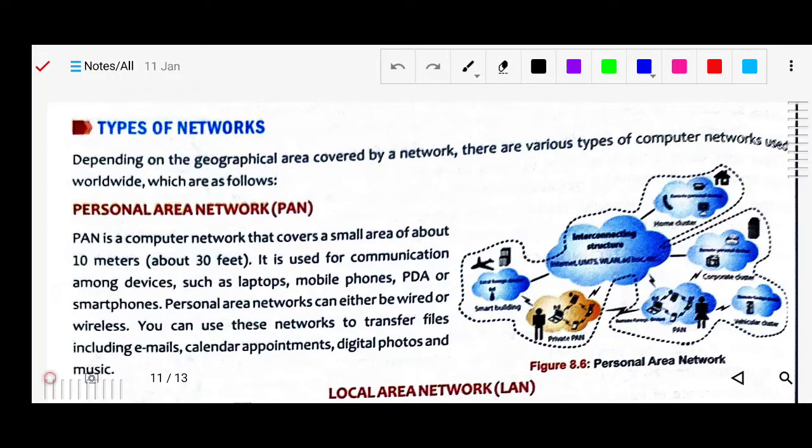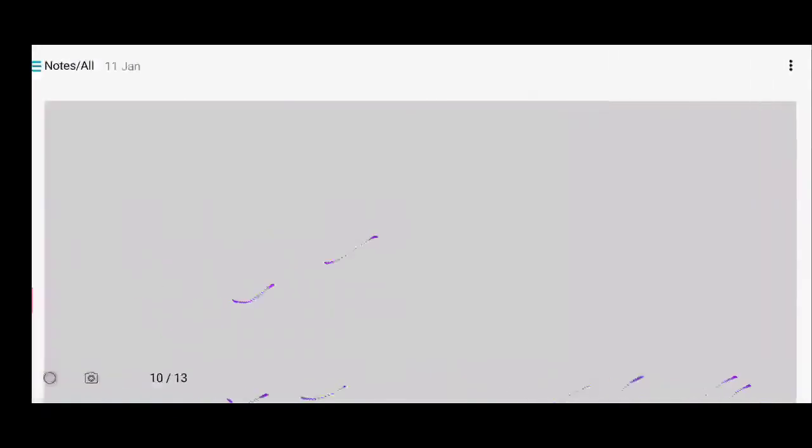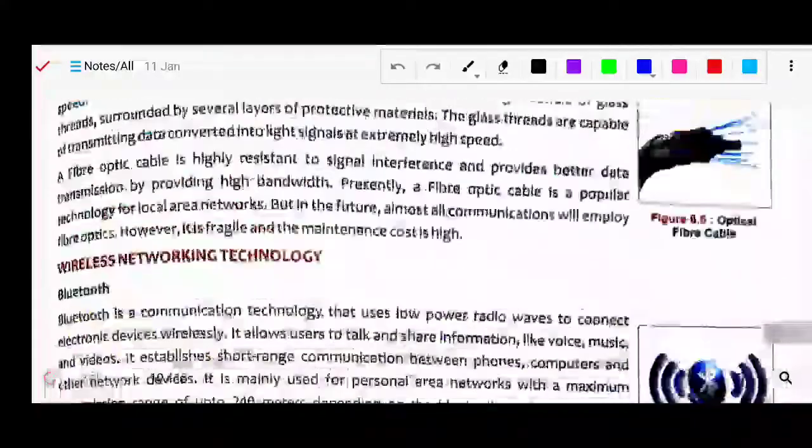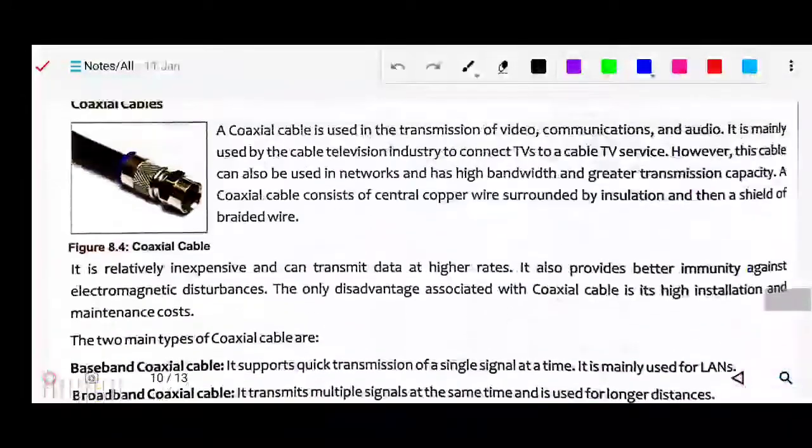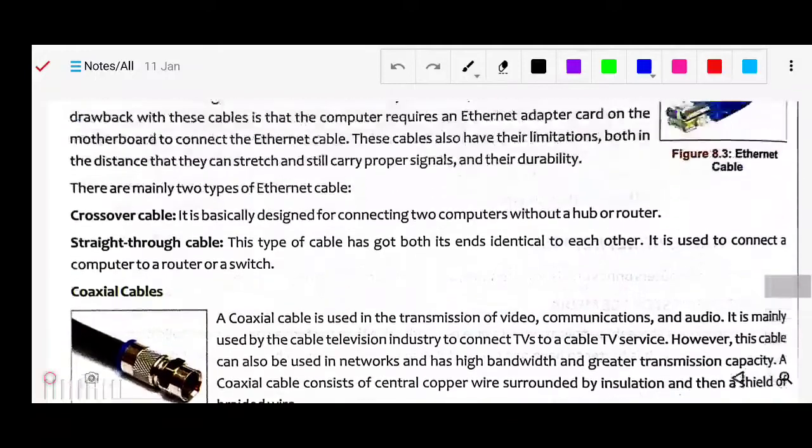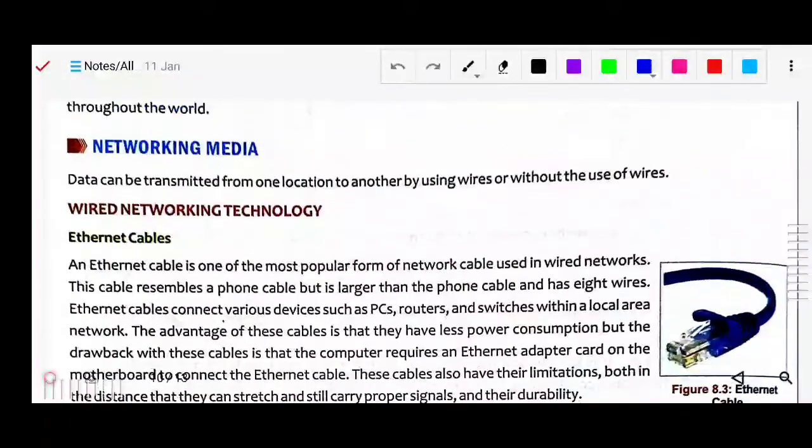There are technologies like ethernet cables, coaxial cables, optical fibers, and wireless technology: bluetooth, infrared, wi-fi. About all these things we have seen. So just a quick revision. In the last class we have seen all these things, which is your networking media.